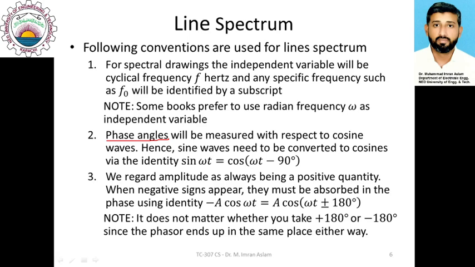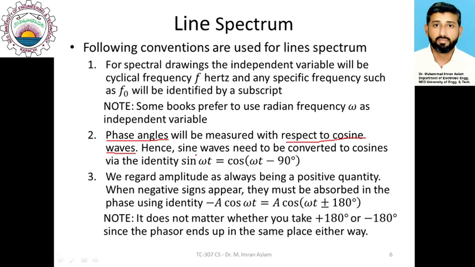So in order to have a standardized representation, we need to use some specific reference to calculate the phase angle, and we have made the convention that we will always calculate phase angle with respect to the cosine wave. So always our reference point is taken as a cosine wave.